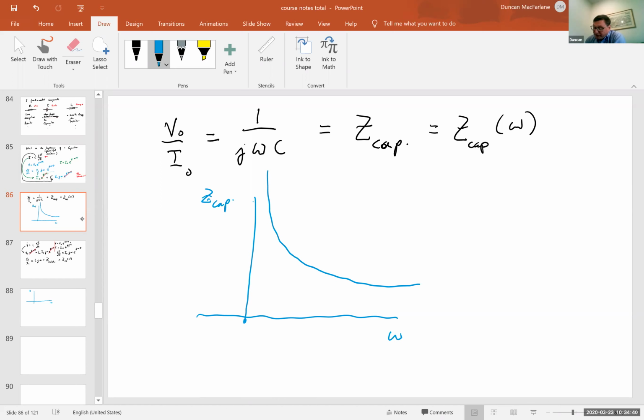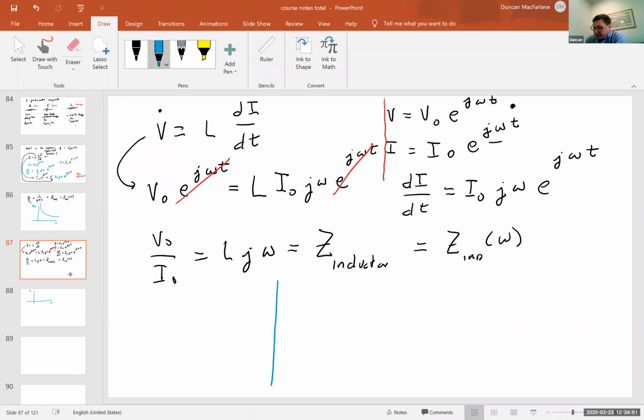Notice what happens at 0. Omega equals 0 is infinity. That has major consequences. If I plot the inductance impedance, then my impedance is 0 at 0 frequency or DC, and then I just have a nice straight line going up.